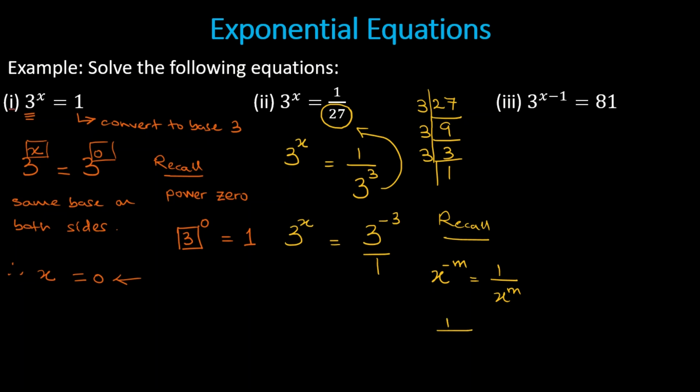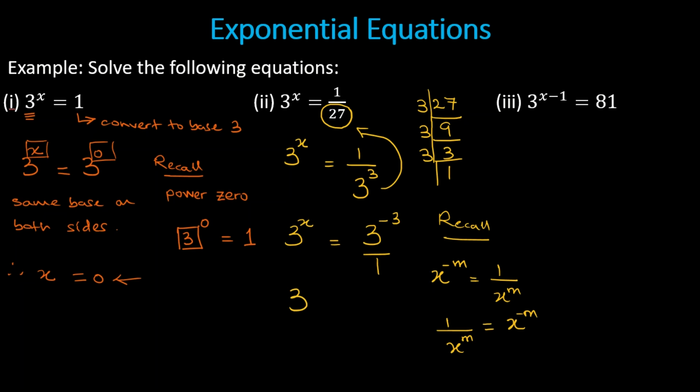That is 1 over x power m is equal to x power negative m. The reverse also can be written like we have just written 1 over 3 to the power of 3 as 3 to the power negative 3 over 1, right?